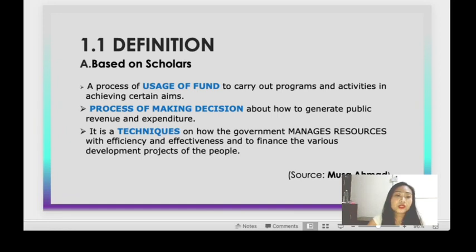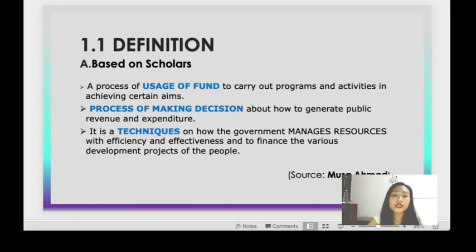Okay, if you still remember, during our first class last week, I mentioned what PFA is all about. It is all about finance, about money and the management of the money by the government. Along the way, there will be some other criteria involved as a complement to the money management itself. For example, retrieving the sources from Musa Ahmad, PFA involves the process of using the fund for any government activities that support government objectives in achieving set goals.